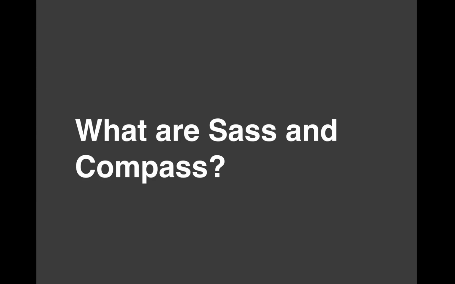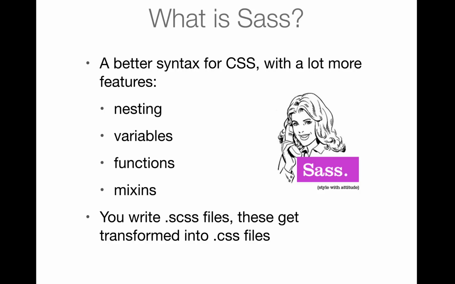So just to get started with the topic of today's presentation, Sass and Compass, what are these tools and what are they for? Why would you want to use them? You've probably heard of Sass and Compass, but just to give you an overview or a reminder, Sass is a tool that gives you a better syntax for writing CSS, a more advanced syntax.